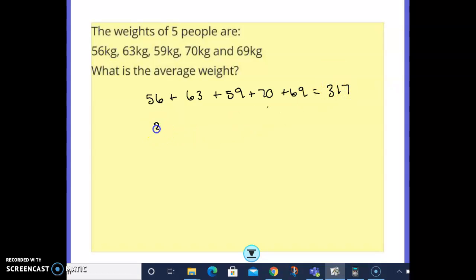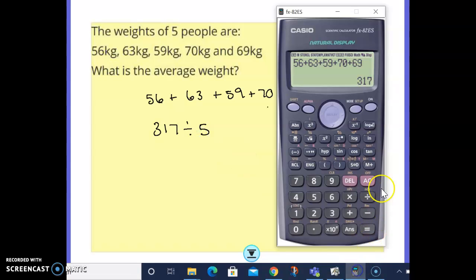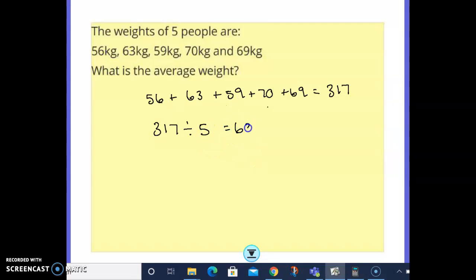There are 5 people. Now divide it by 5. And we get 63.4.